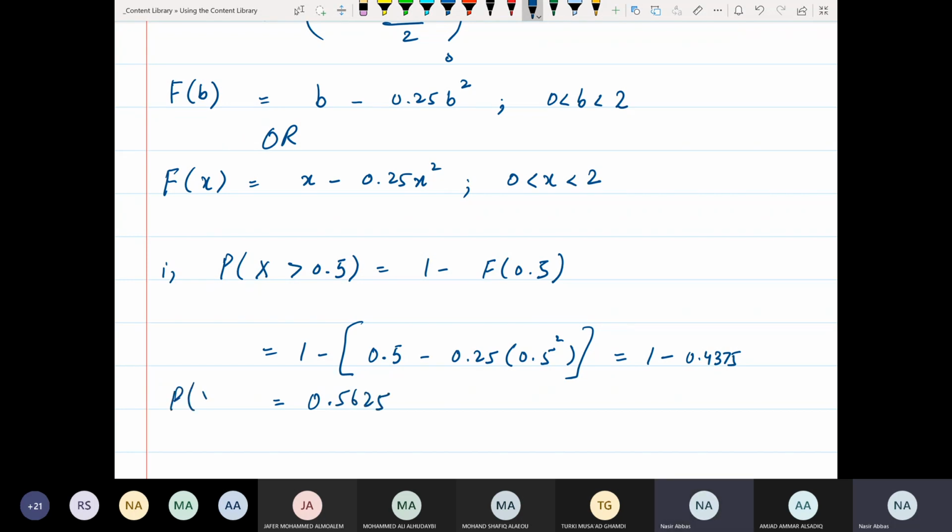This is the probability of x being greater than 0.5 using the CDF.